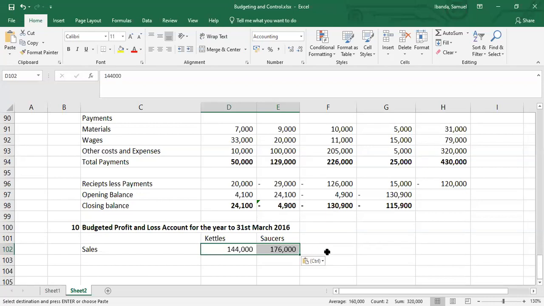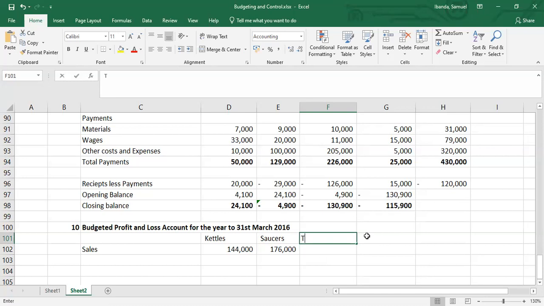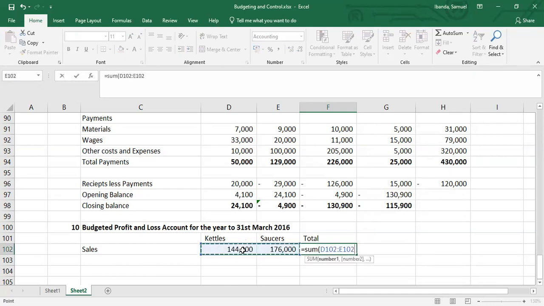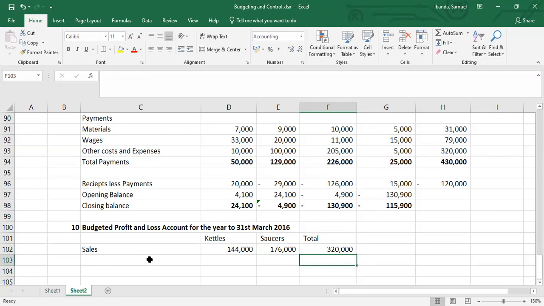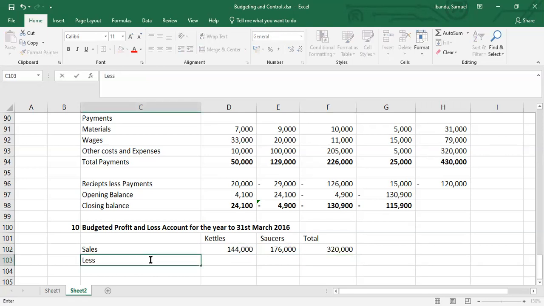So right there, that is what I do have. I can get my total. Remember, this is a P&L, so the total is very important for me. So the total of this is 320.